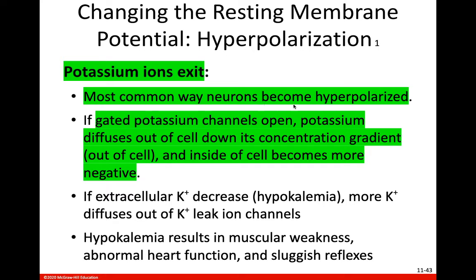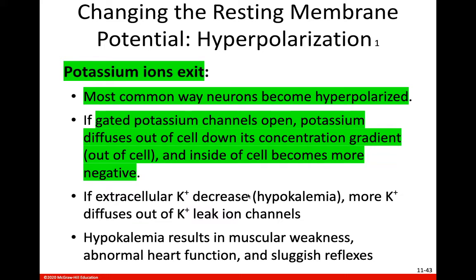So the most common way that cells become hyperpolarized is when potassium ions go out. They exit the cell. If your gated potassium ion channels open, again, we're looking here at our voltage gated, but it could be our ligand gated as well, then potassium will diffuse out of the cell, and the inside of the cell will become more negative.